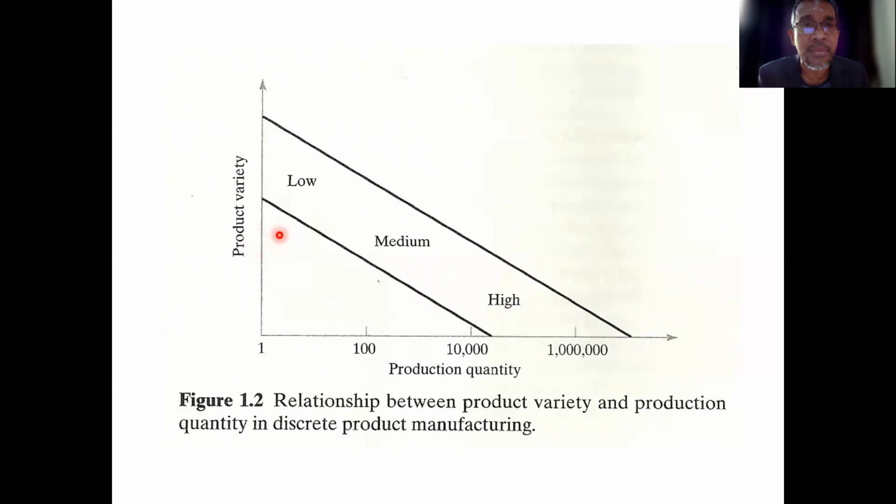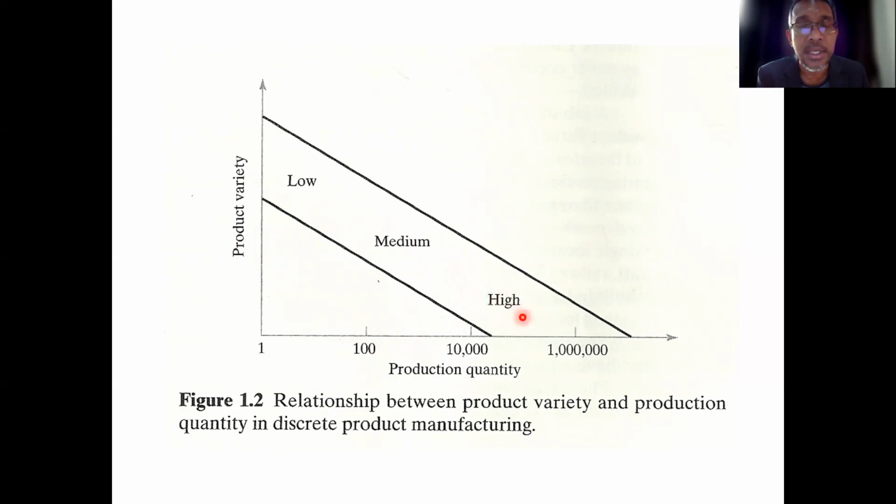This one slightly has variation, not high, not low. They have slightly a variation, but the quantity is 100 to 10,000. We call it the medium production. Then we have high production as well.